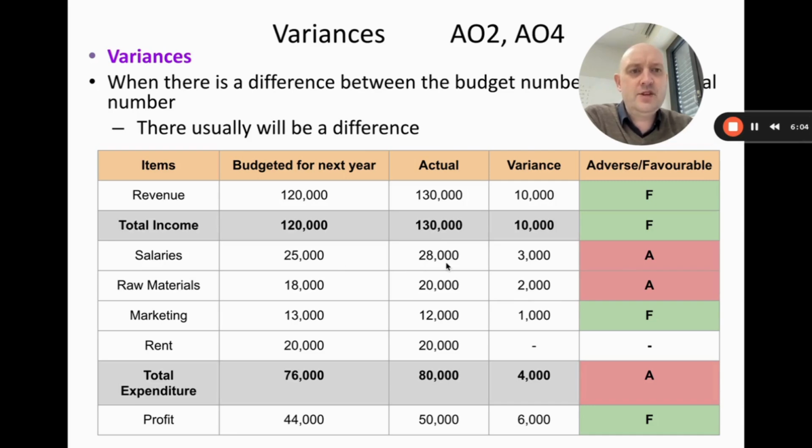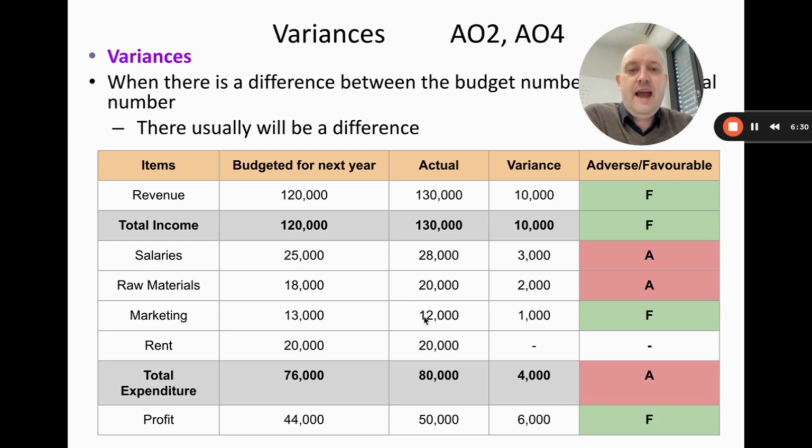And with expenditure, generally, if we spend more than we were planning, then that's going to be a bad thing. So therefore, it's adverse. So can you see that for income and expenditure, it's the other way around. So with revenue, the actual was higher, but that was good because it's income. With the salaries, the actual was higher, but this is bad because it's spending. And we don't want to spend more than we're budgeting. And then we can do the same thing for all the others.